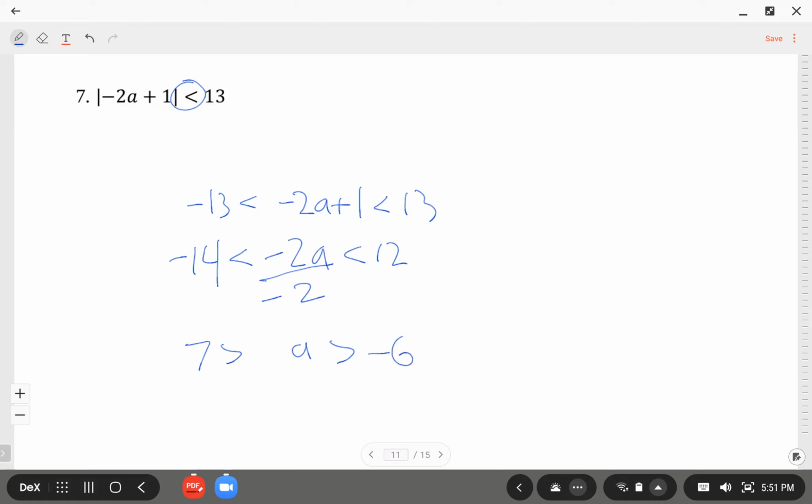So 7 is greater than a, and a is greater than -6. So it's going to be -6 is less than a is less than 7. That is going to be our answer.